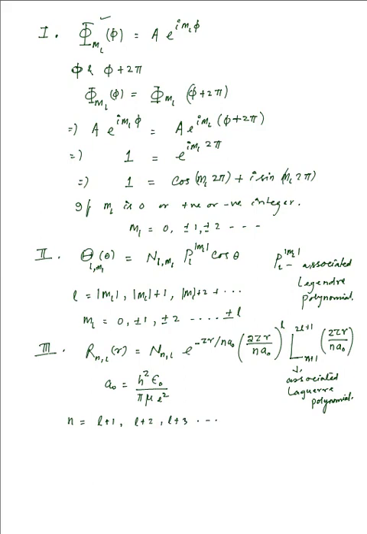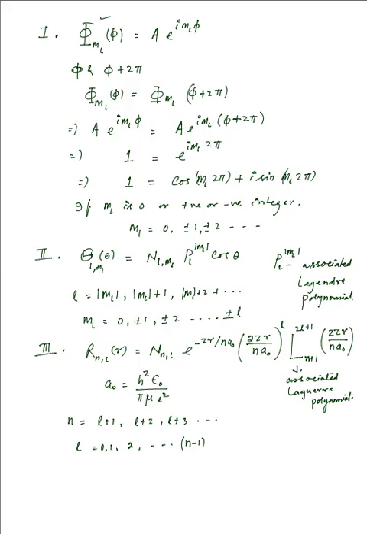This requirement may be expressed as the condition that L is equal to 0, 1, 2, and it continues up to n minus 1. So there is a restriction in the value of L, there is a restriction in the value of ml, and n obviously is also another quantum number which we have just introduced.